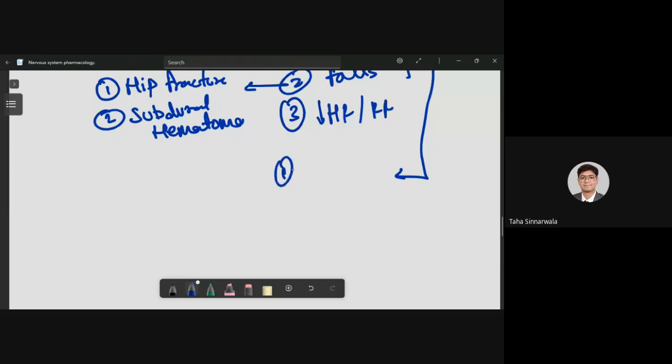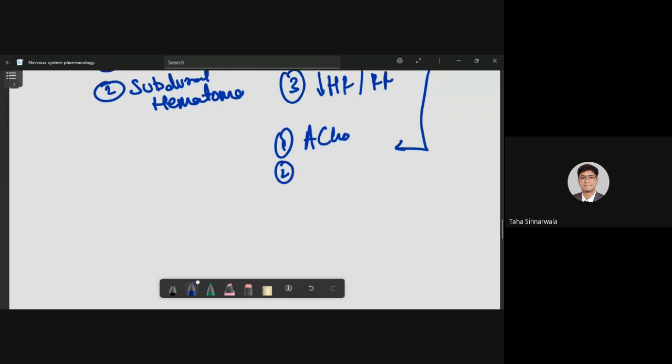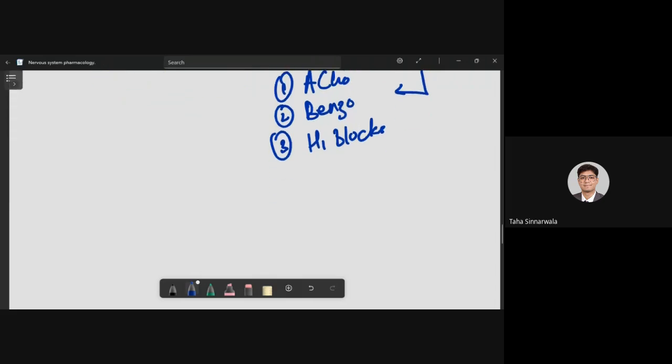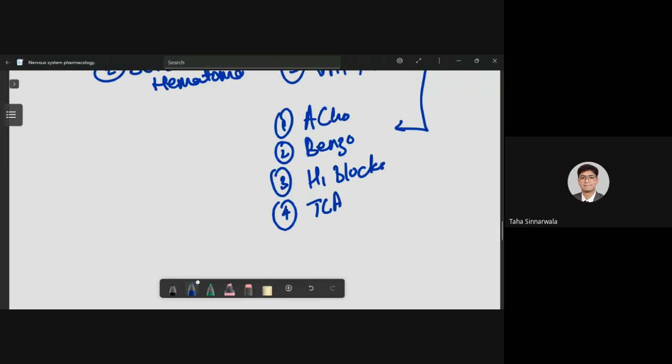So anticholinergic medications. You said benzos, that can do this too. Thirdly, we also said H1 blockers, so antihistamines. One more medication that we should add here is TCAs, because TCAs have a very powerful muscarinic effect, and that can lead to delirium.